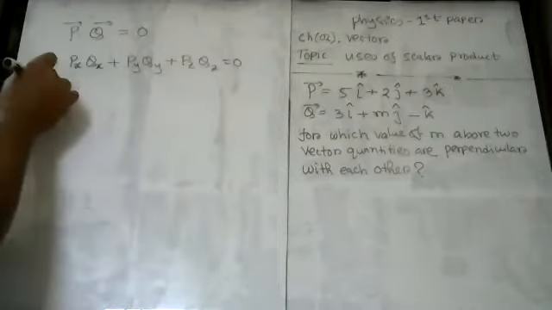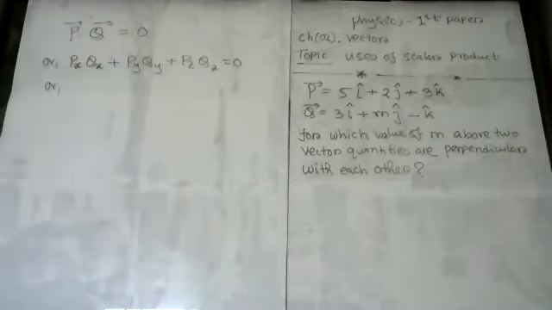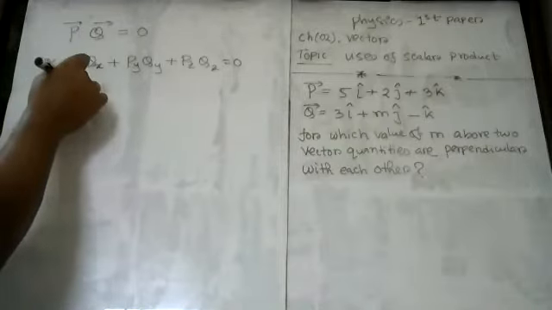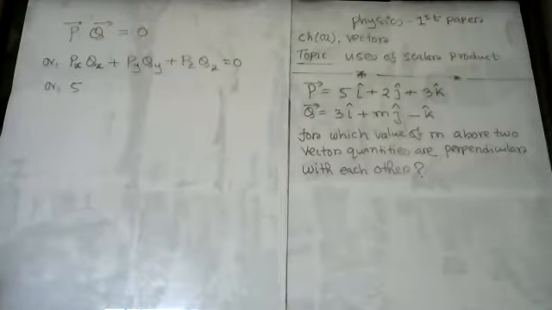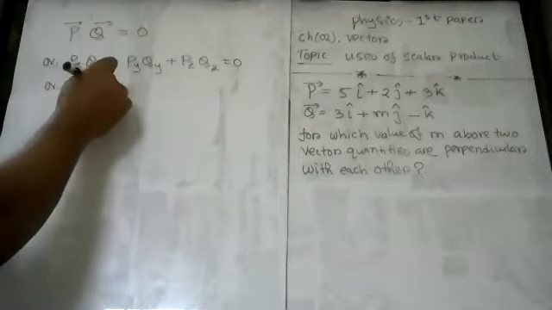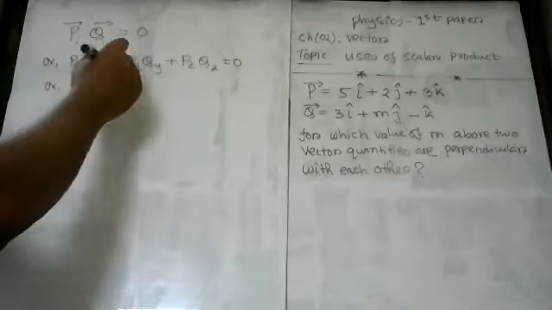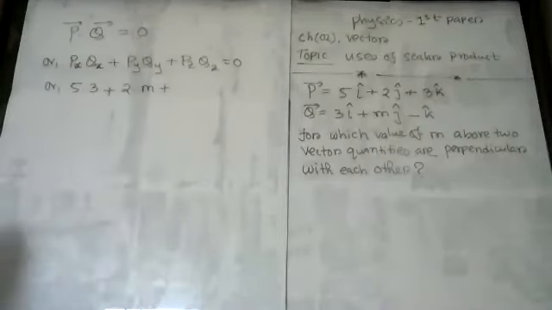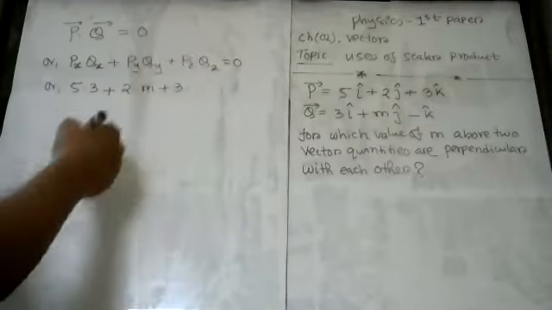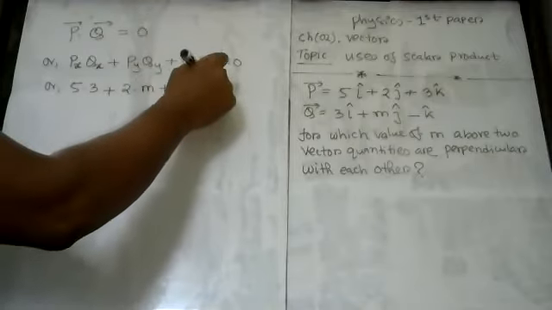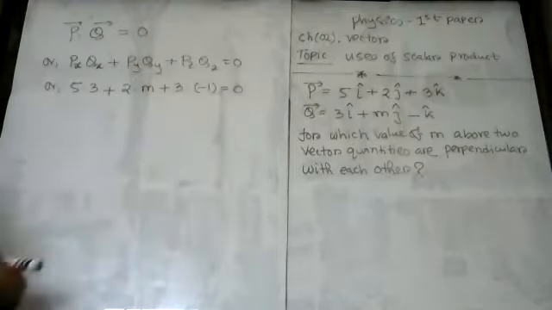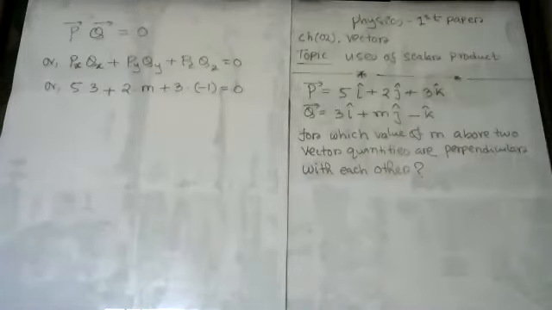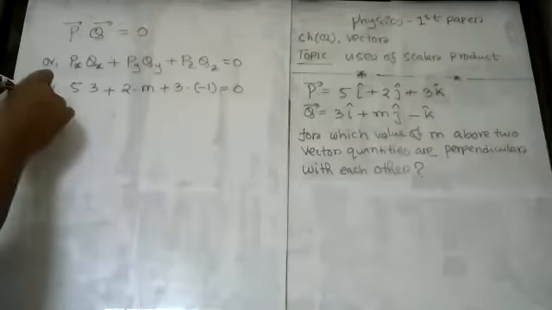My dear student, so here Px is nothing but 5, Qx is nothing but 3, plus Py is 2, Qy is m, plus Pz is 3, Qz is minus 1, will equal to 0. So what is the value of m?